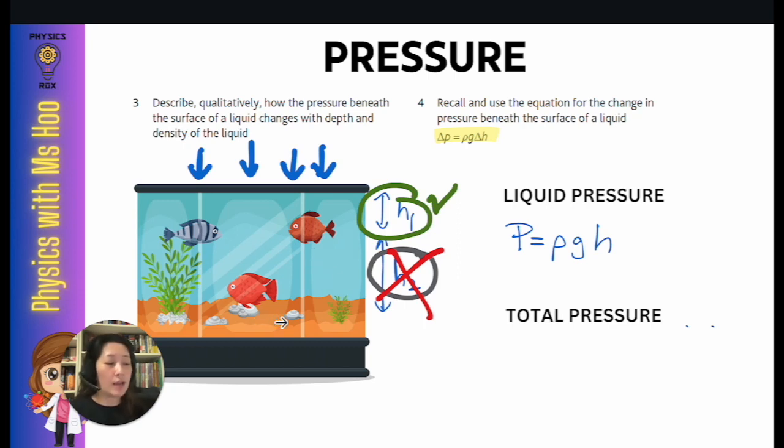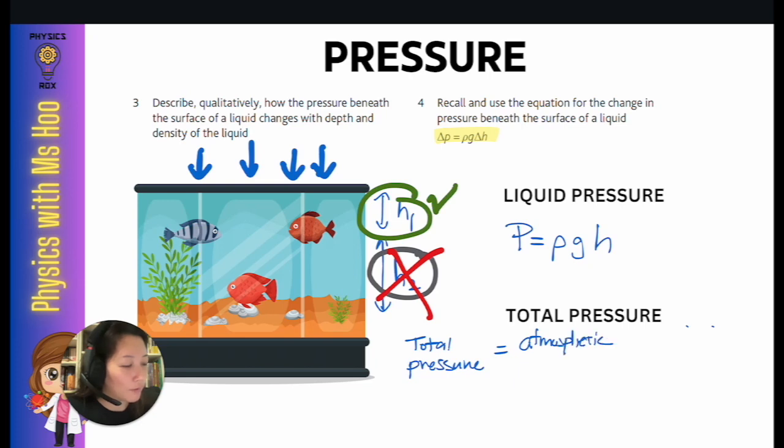So if you were asked to calculate total pressure, it would be the sum of the atmospheric pressure plus the liquid pressure.